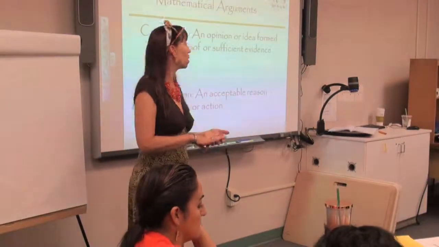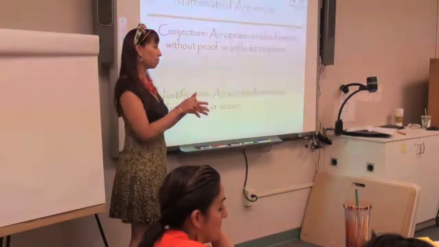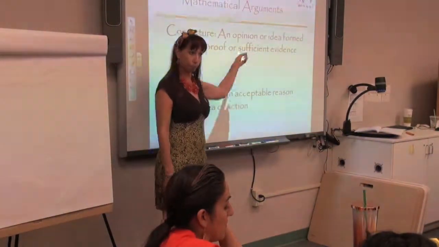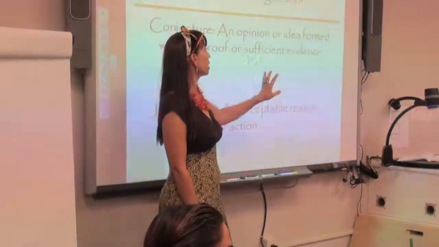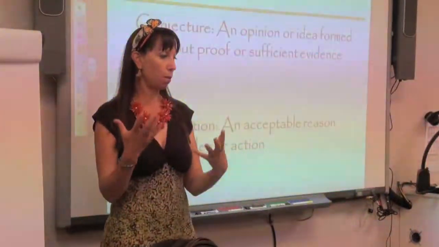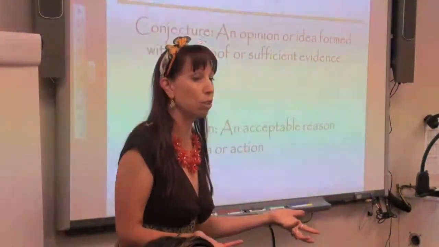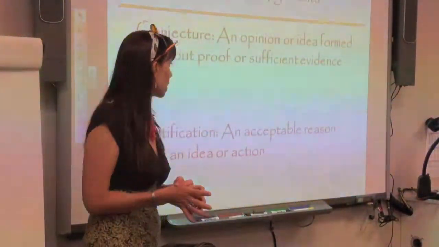Some of you said no. Those are your opinions, formed really before you did anything with numbers, without any proof and without sufficient evidence. Even if you have done some of those numbers, I only gave you time to do it one or two different ways.